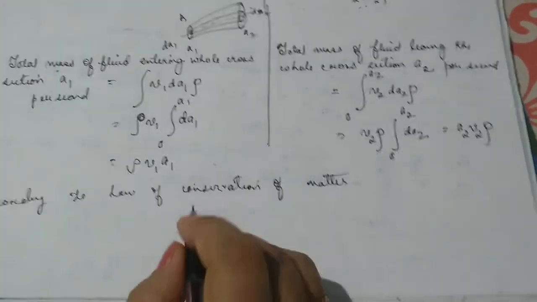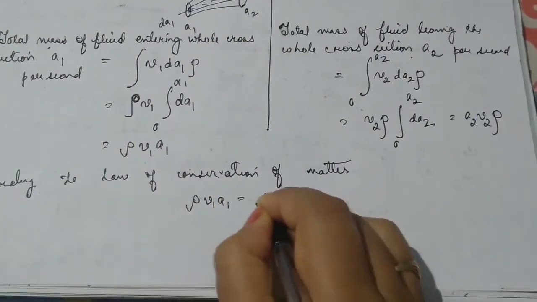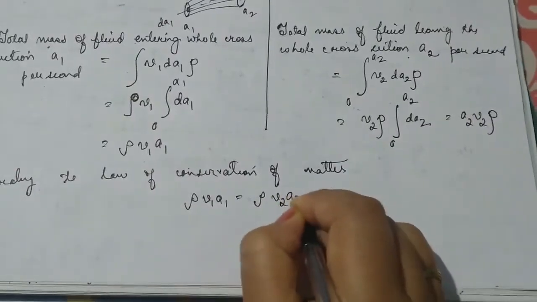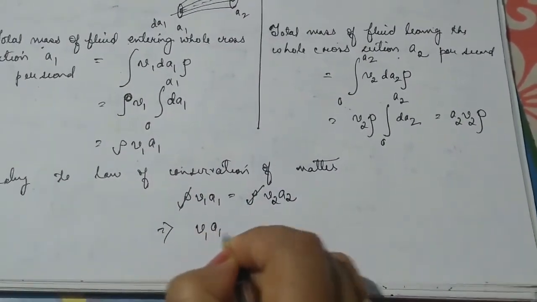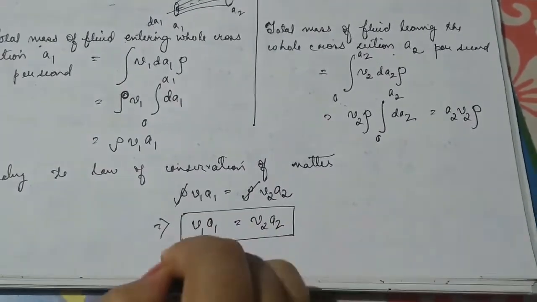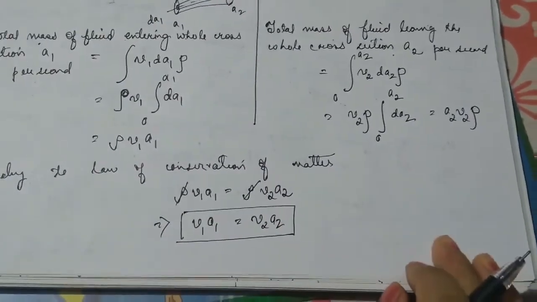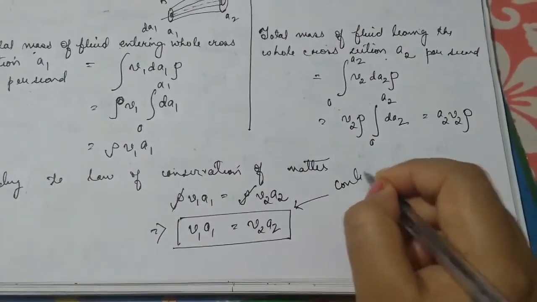So what is the statement? Rho V1 A1 is equal to rho V2 A2. So rho gets cancelled, what remains is V1 A1 equal to V2 A2. So that is the statement of the continuity equation.